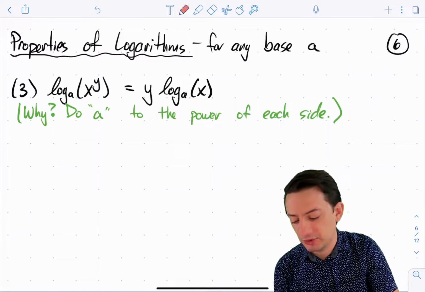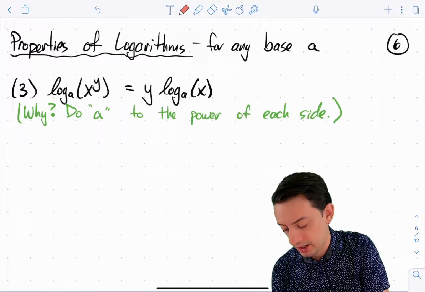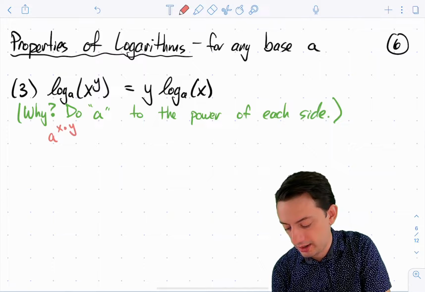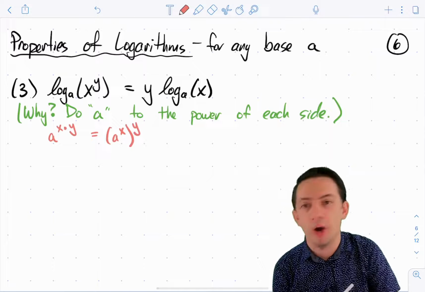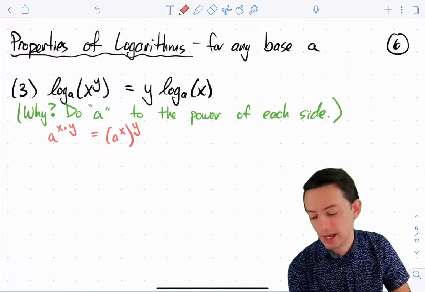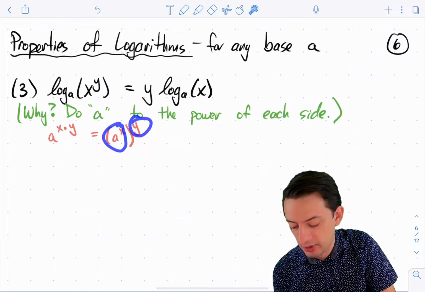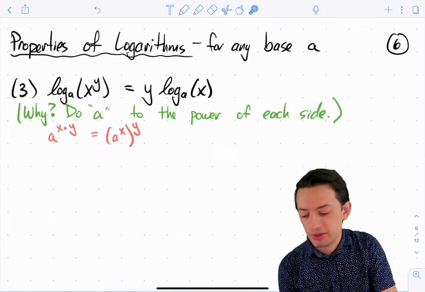And again, this comes from our rule of exponents that says a to the x times y is equal to a to the x to the y. It says that if you have repeated exponents, so this is an exponent and then another exponent, then you can multiply the exponents together. So let's justify this just like before.